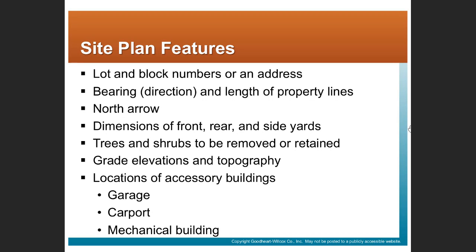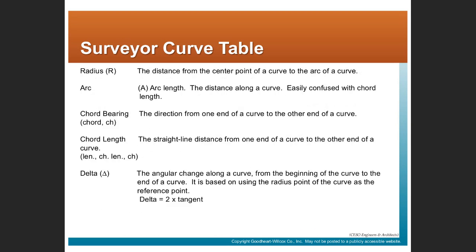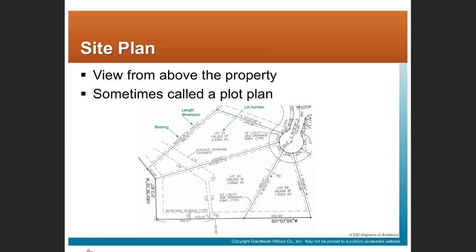And generally, the site plan will show the location of the buildings and any accessory buildings on the site. Right, so in this case, they're not showing us any buildings yet, so we don't know what's planned for these particular plots.